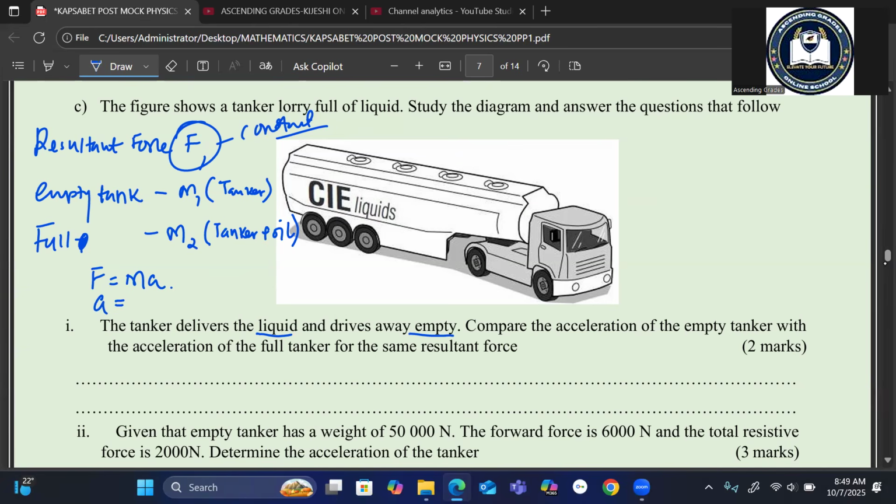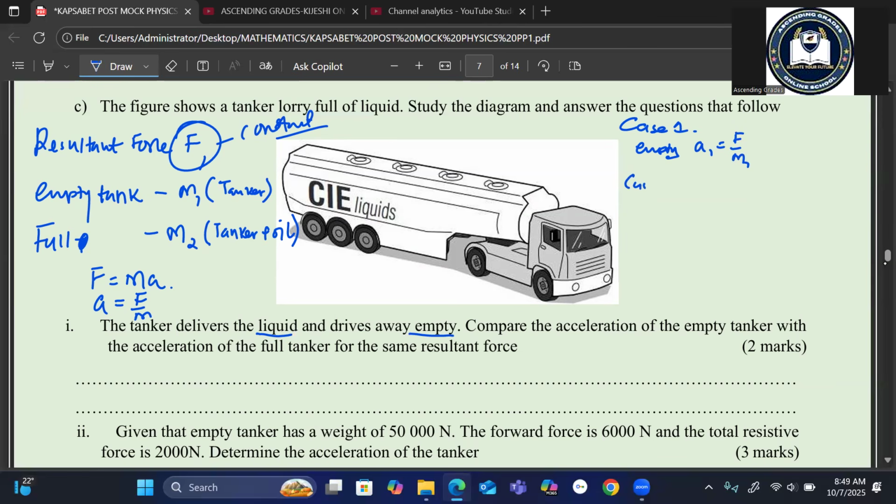A is given by F over M. Now, for case 1, when it is empty, A1 will be given by our force over M1.